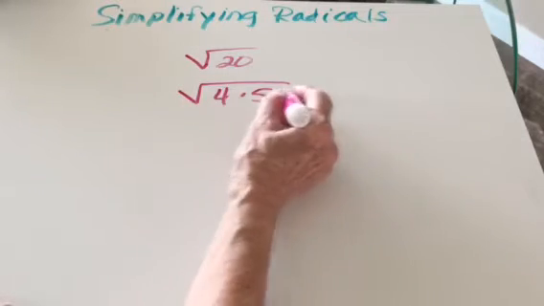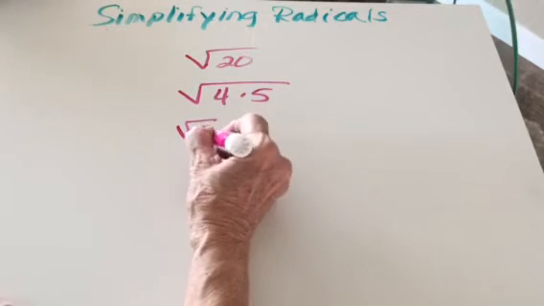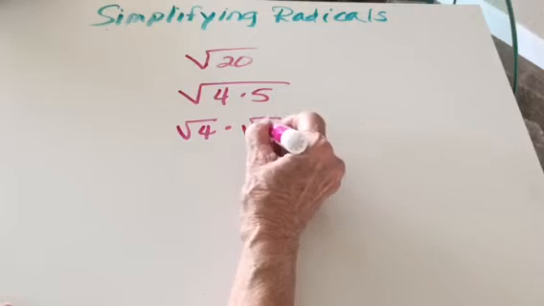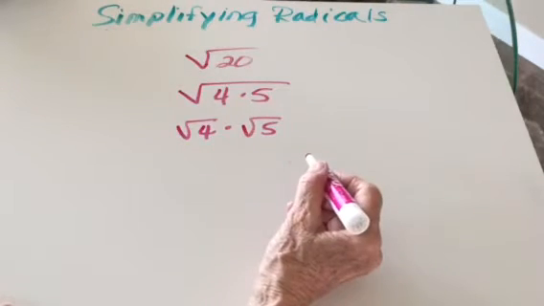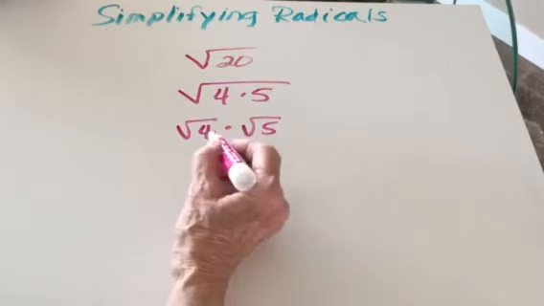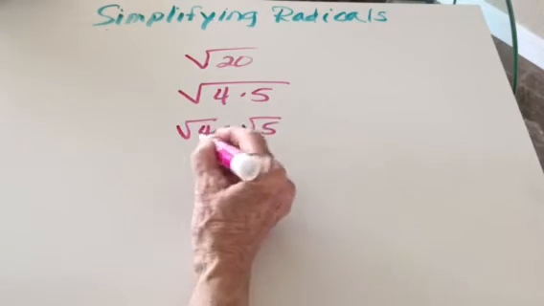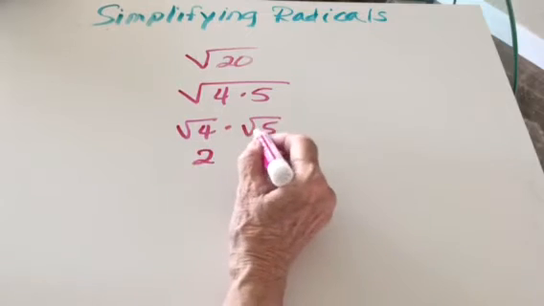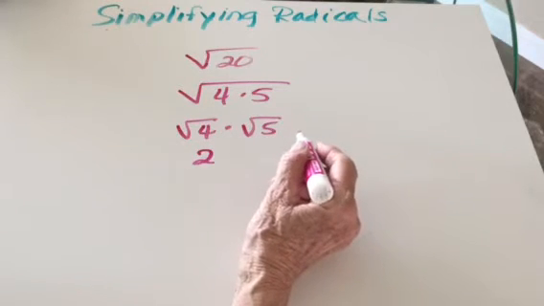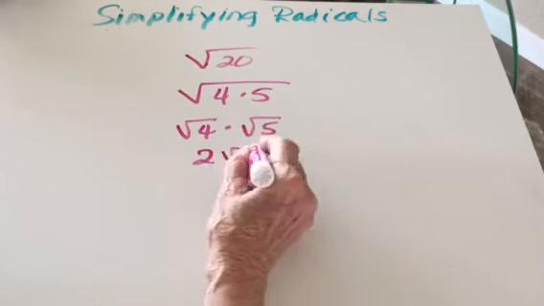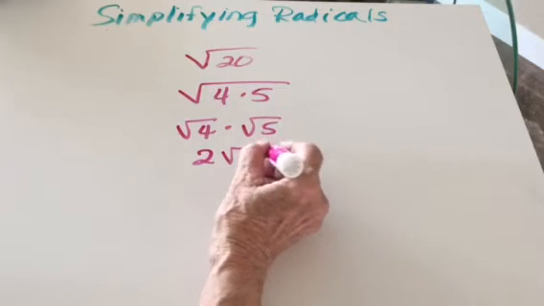Right? I can call that radical 4 times radical 5. I haven't done one thing different. But now watch this. What times what equals radical 4? 2. What times what equals radical 5? I have no clue. So I just put down radical 5.